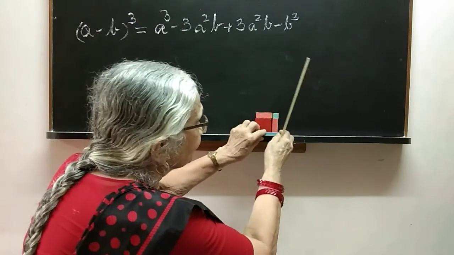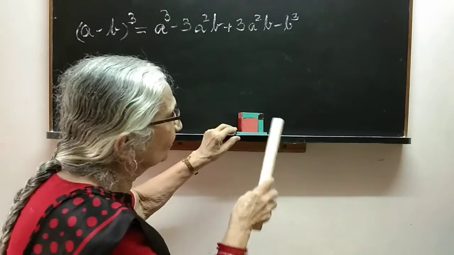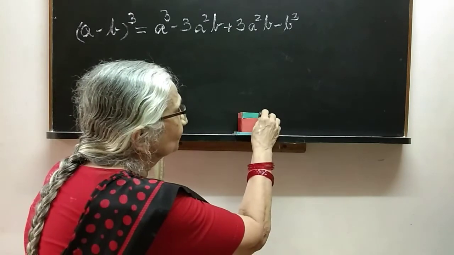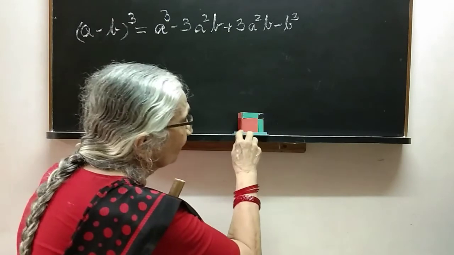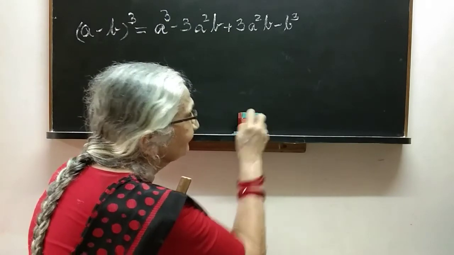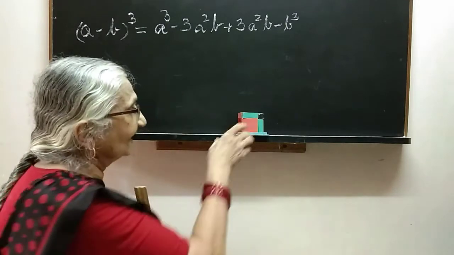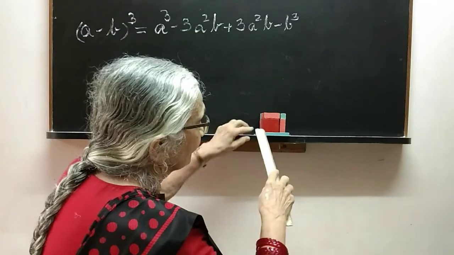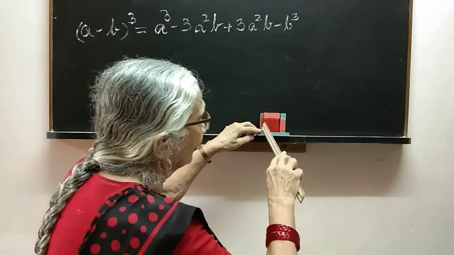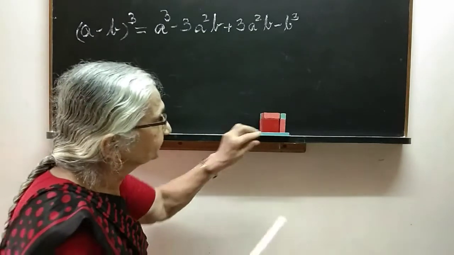What we will do is, this part is seen here, we know this is a little cube. The whole length is a, and this little black length we shall call b. So what we will have now is, this is a, all the way on all sides.